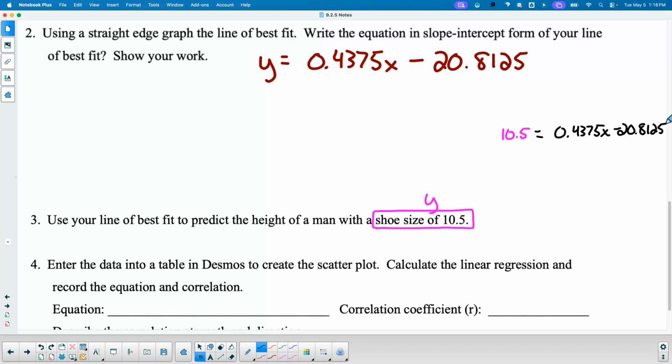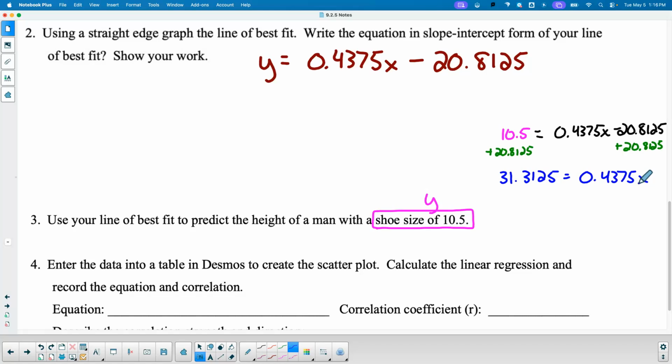How am I going to solve that first? Okay. That gives me 31.3125 equals that. Yes?